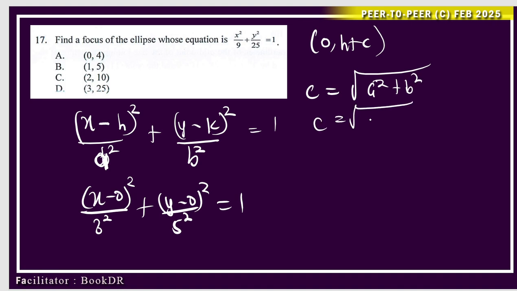So c is equal to, our a squared is 9, you can see from the equation, and our b squared is 25. So that is going to give us 9 plus 25. No, it is actually b squared minus a squared.